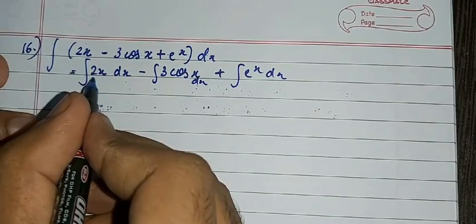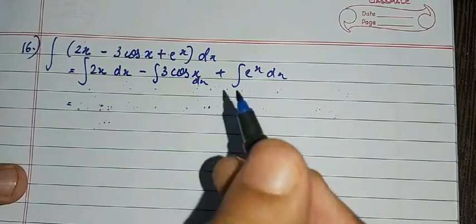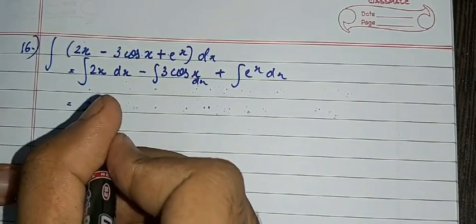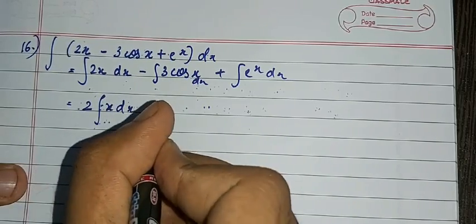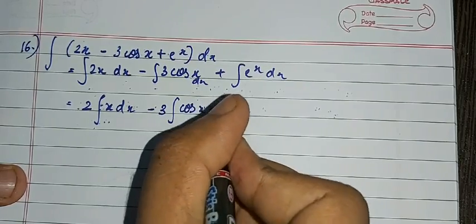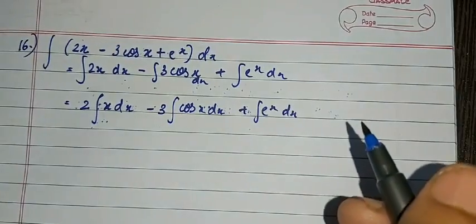Now we can take these 2 and 3 outside the integral sign because they are constants. So I took 2 outside, then what is the rest? Integral of x dx minus 3 into integral of cos x dx plus integral of e raised to x dx.